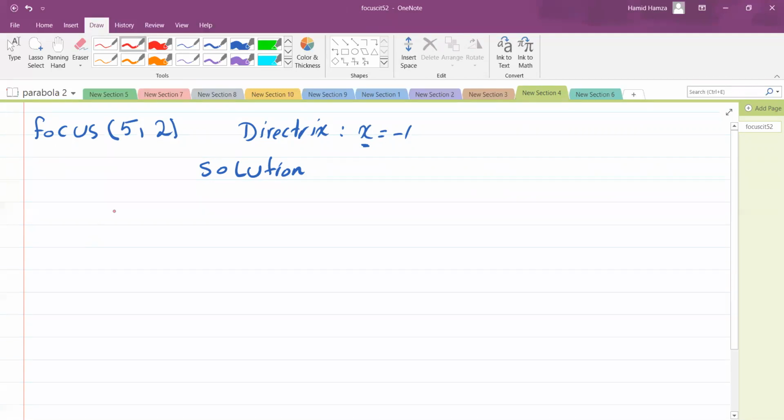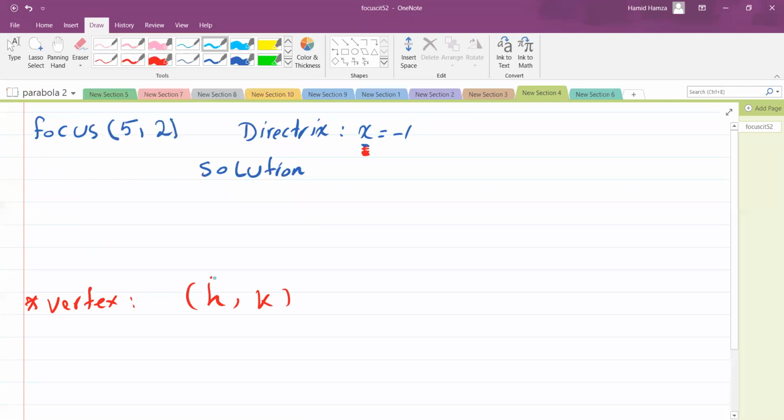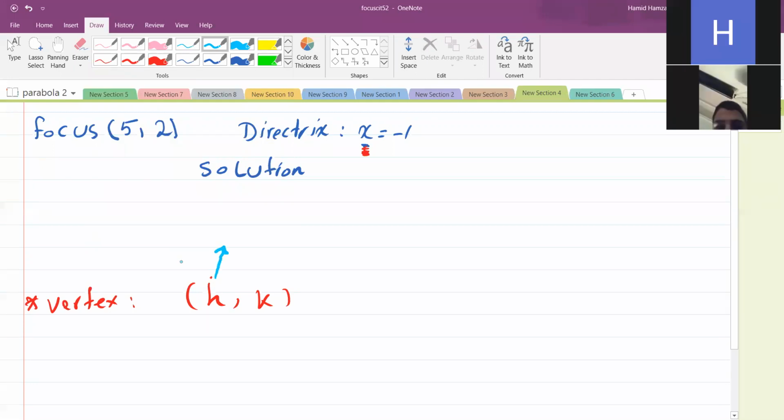So start with the vertex, H and K. We work with the x part and the vertex. This is the x part. So if you add B here, you will get the focus.